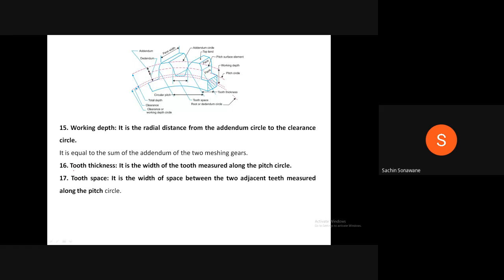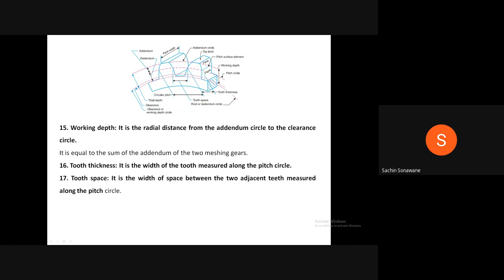Now, next definition is tooth thickness. See that this is the tooth thickness. It is the width of the tooth measured along the pitch circle. Therefore, whatever this width is along the pitch circle, width of the tooth, it is known as tooth thickness.